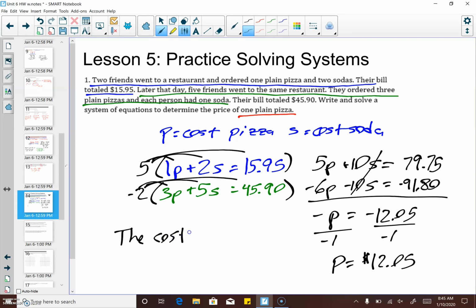The cost of a pizza was $12.05. So had you not read the question initially and eliminated the P's because it was easier and solved for S, you would just have to make sure that you plugged back in to solve for P.